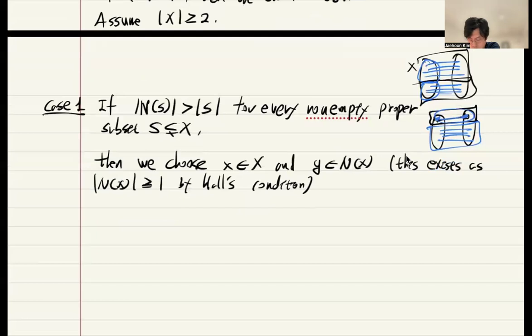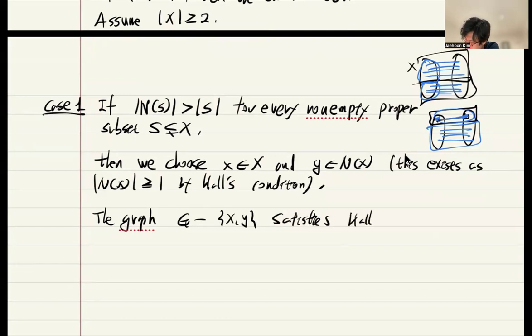So we choose this. Then we consider the graph G minus these two vertices. You just delete those two vertices and all the edges incident with them. Then this graph satisfies Hall's condition.